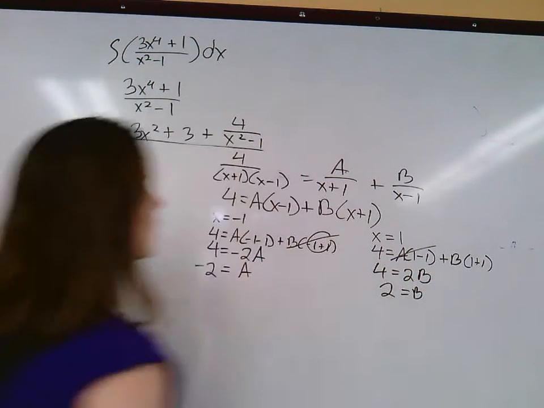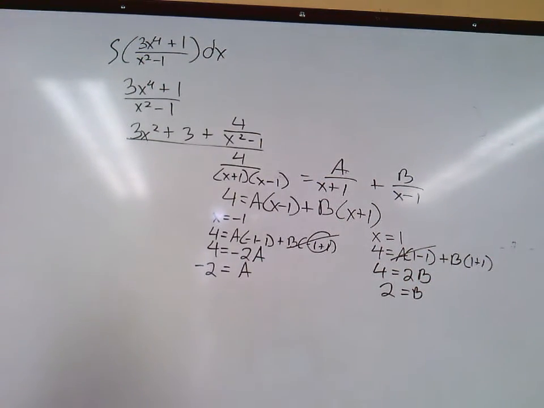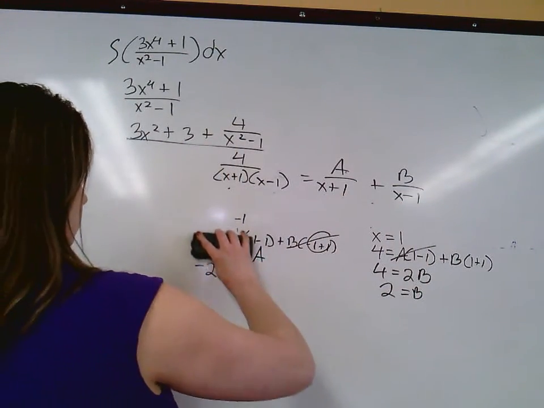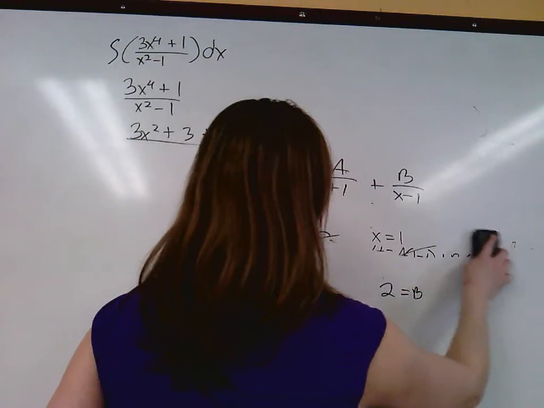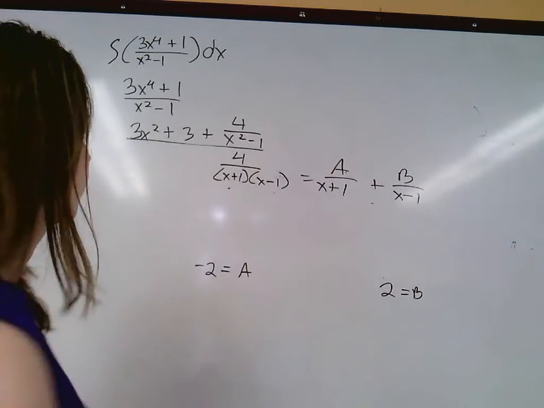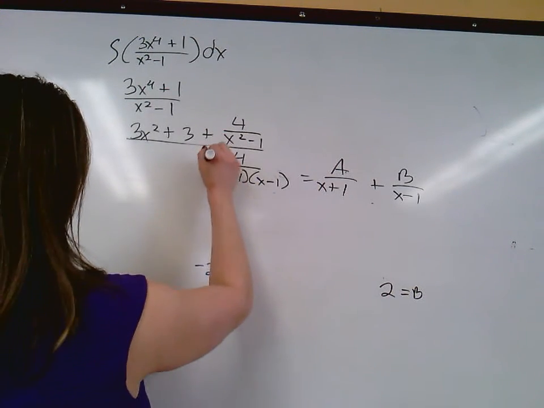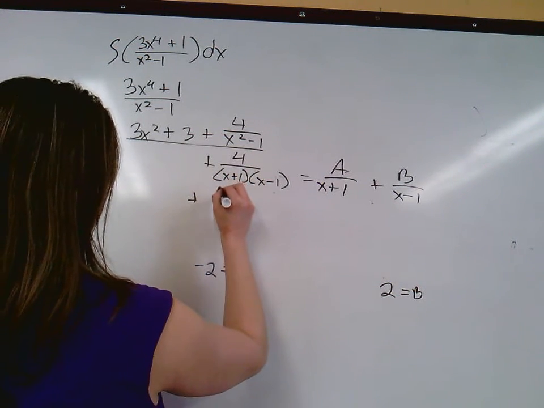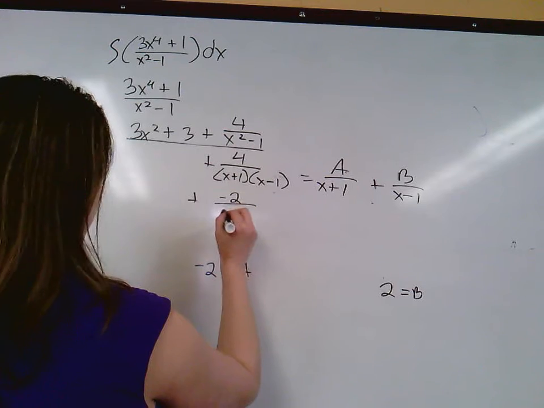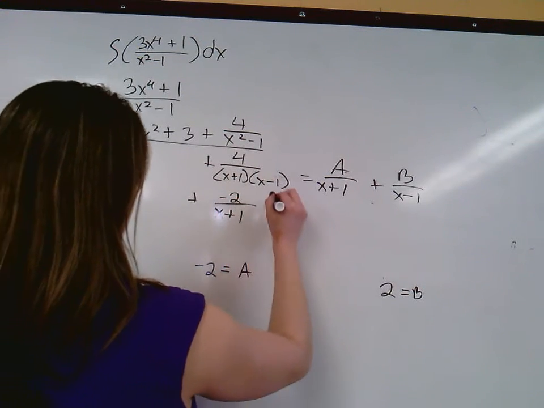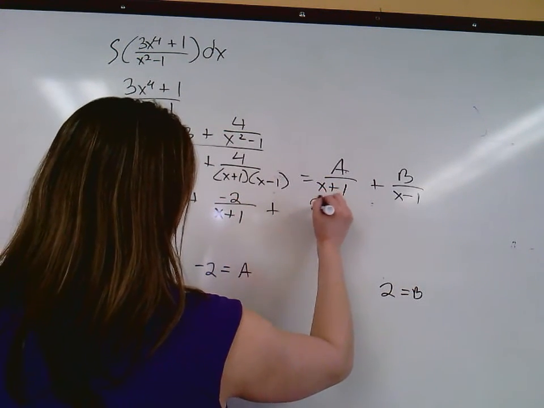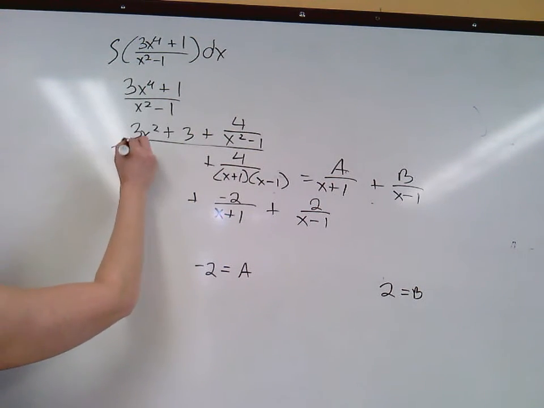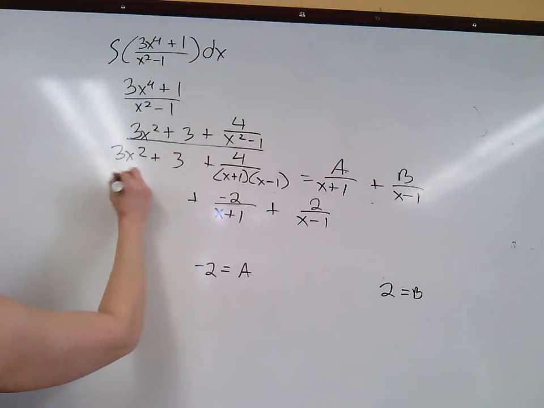So I got my A and my B. So this is going to turn into -2 over x plus 1 plus 2 over x minus 1. And you can bring down this 3x squared plus 3.